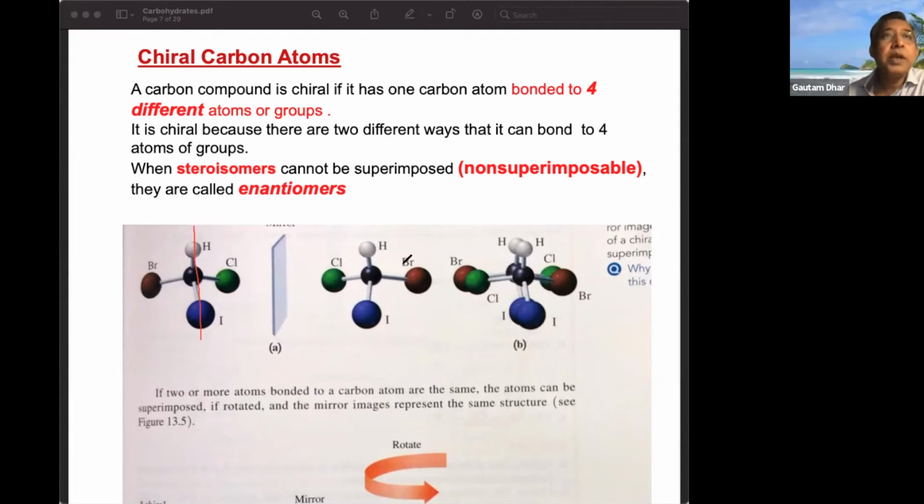And if you take the mirror image, you cannot superimpose. So if you take these two molecules and try to superimpose them, you can see this bromine and chlorine and this bromine and chlorine, they are not superimposing. Even though the other two did superimpose, the two groups didn't superimpose. So they are different molecules.